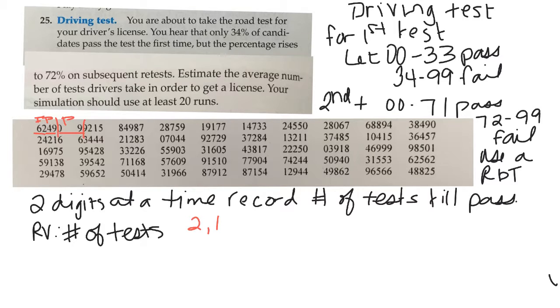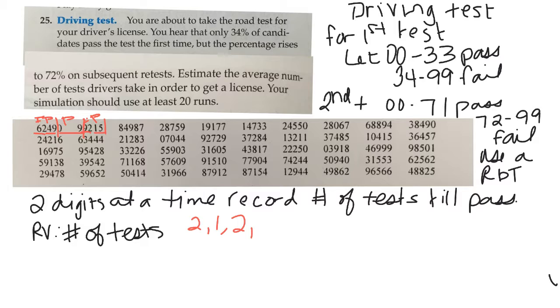So trial 2 is 1. Okay, so my next one is 92, which is a fail, and the next number is 15, which is a pass, so that took 2 tests.